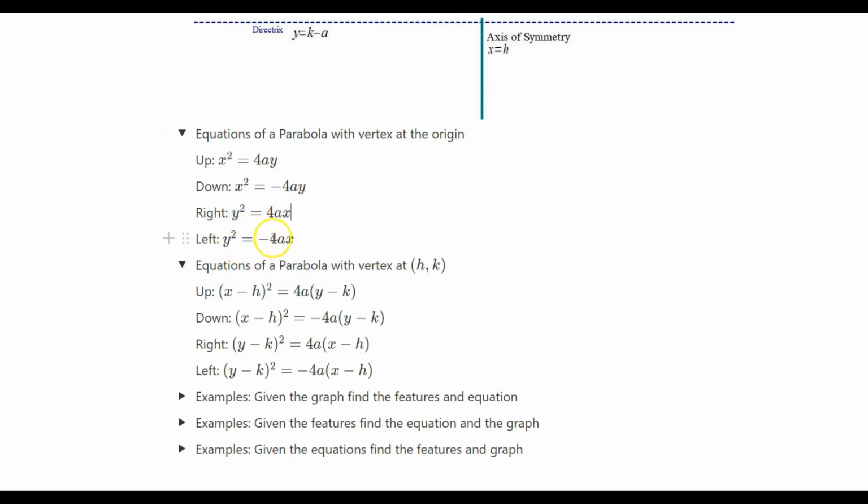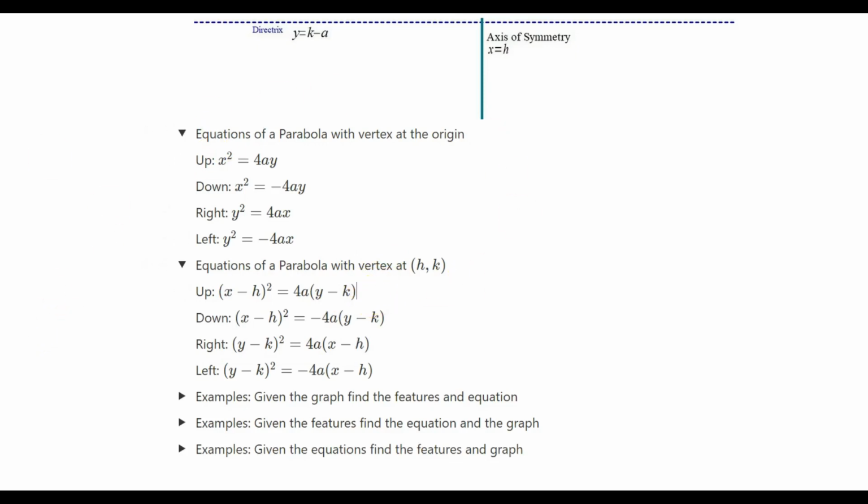And then when you put that negative on there, it orients it to the left. Now these are all with your vertex being at the origin, but you can move that vertex to any other position by shifting. So we have x minus h to shift it h units left or right, and y minus k to shift up or down.